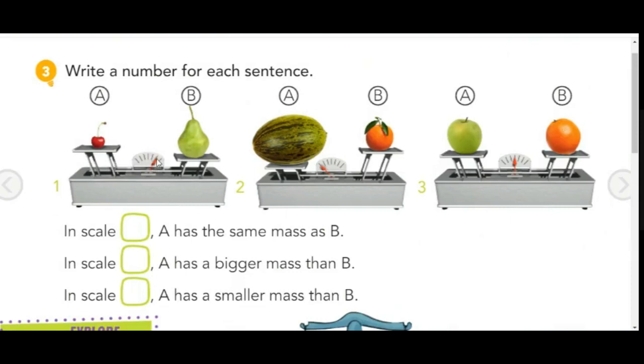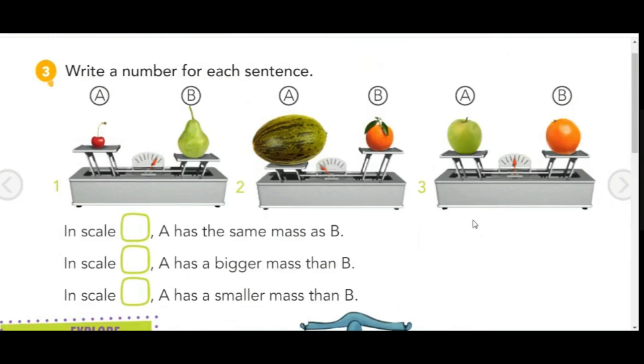And here you can see one is higher or lower. Look at the scale. The second one, here we can find a melon and an orange. Look at the scale, how it is over here and here.